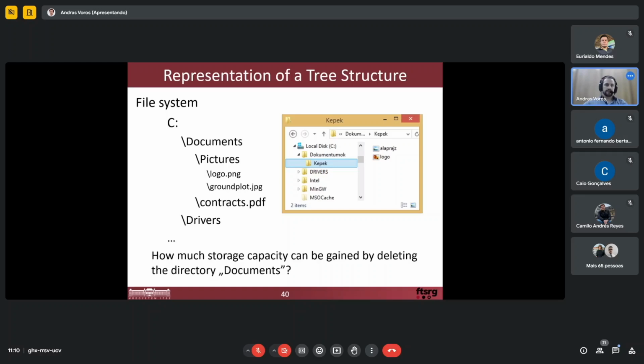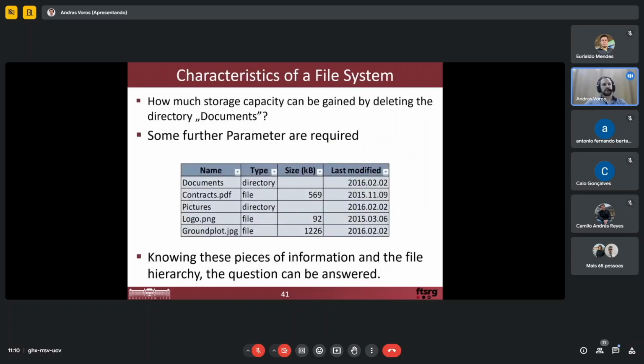And let's go further. Such a file system has some characteristics. If I want to answer the question of how much storage capacity can be gained by deleting the directory documents, then we need some further parameters. In this table, you can see that we provided the size parameter.